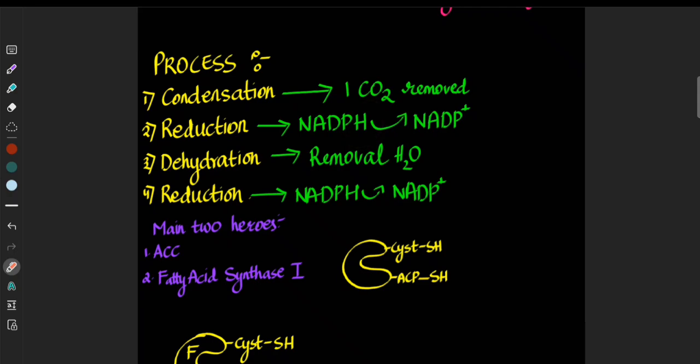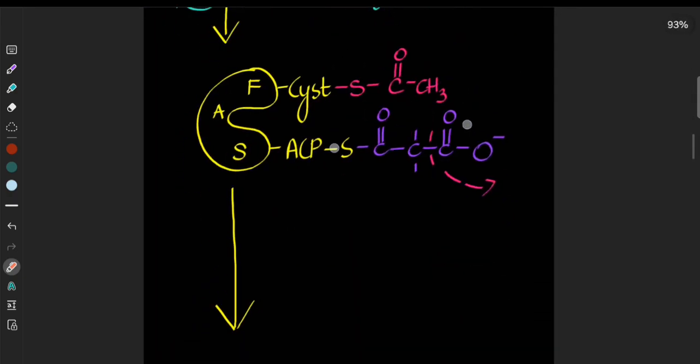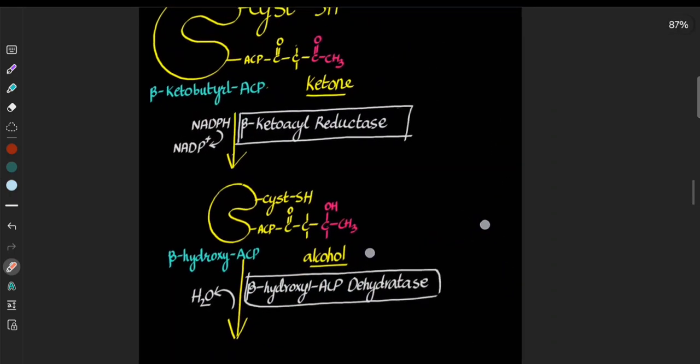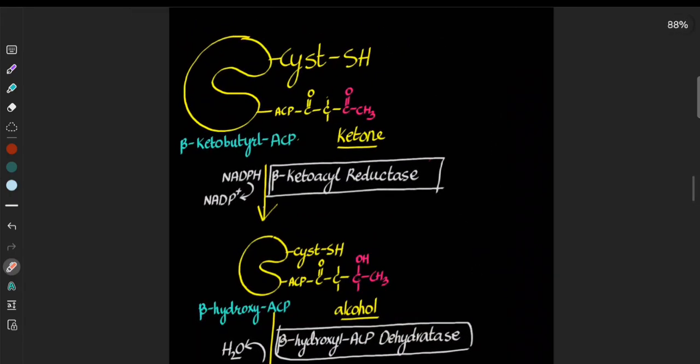So let us just try to see what is happening. So where did I reach? Yes. NADPH will get converted into NADP plus, and it will reduce this particular ketone group. Whenever a ketone group is reduced, it will turn into an alcohol.